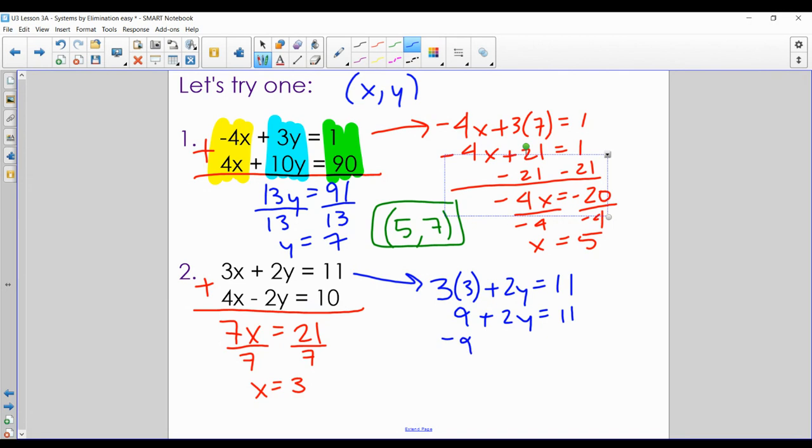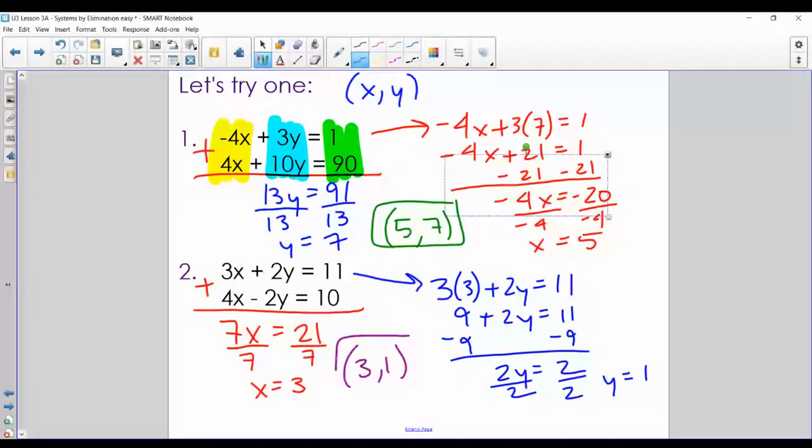I'm going to subtract 9, get 2y equals 2, divide by 2, and get y equals 1. So my answer, my solution, is the point 3, 1. Again, I have to have an x and a y.